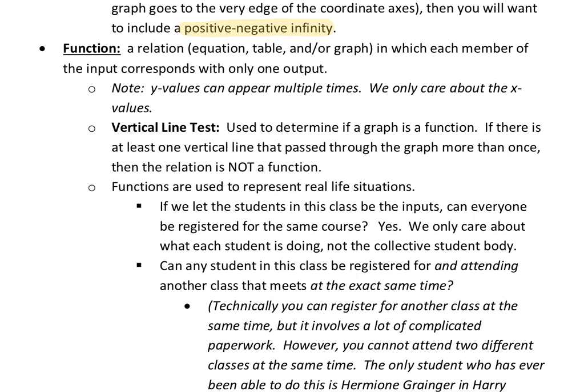We're going to see lots of examples of this. But this is what we're looking at. We want to see if each x value only goes to one y value. So one of the things that I do want to point out, y values can appear multiple times. We only care about each x value.